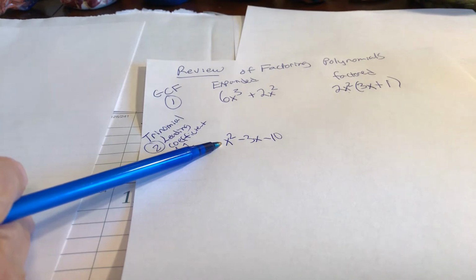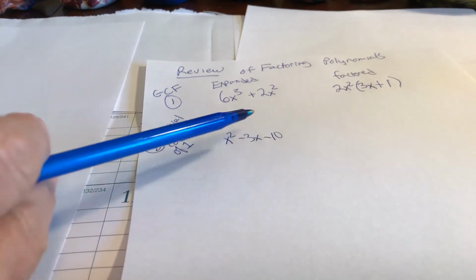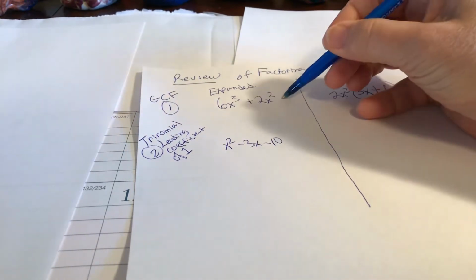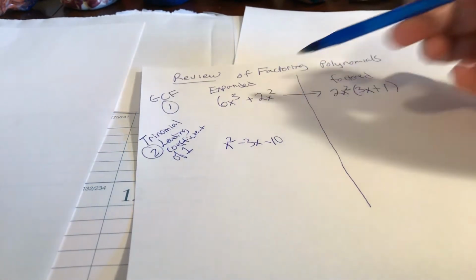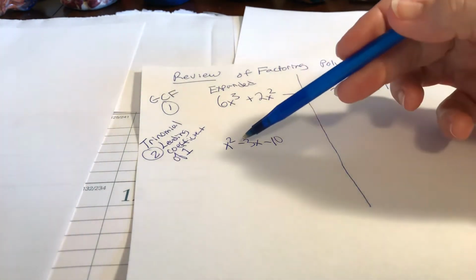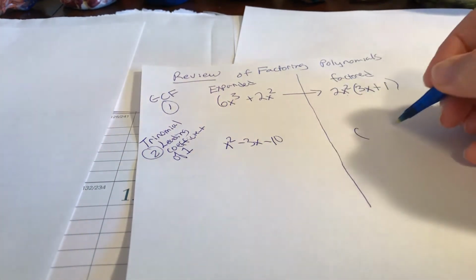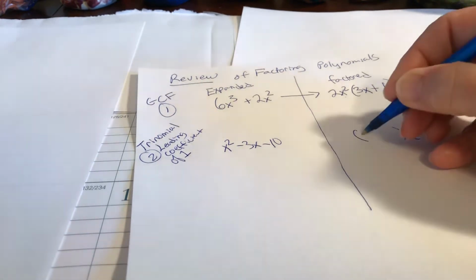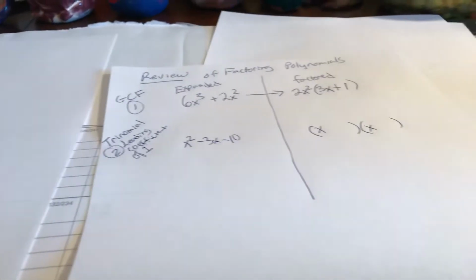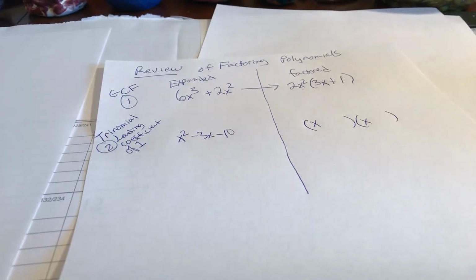How do you factor this trinomial? Okay, so I'm going to write a line down the middle. Expanded form, factored form. Expanded form, I'm going to factor it. No number in the front automatically allows you to put x's in the first position in your parentheses.